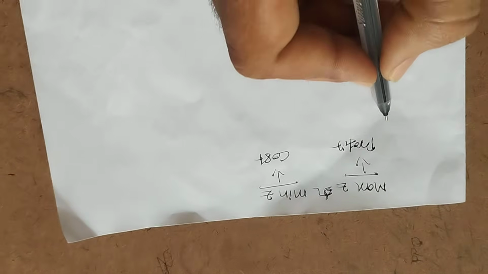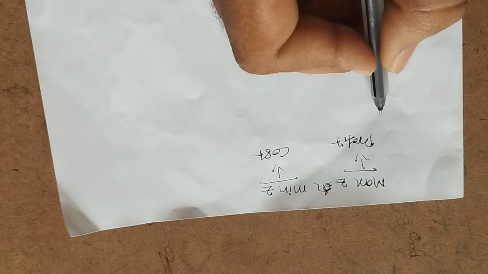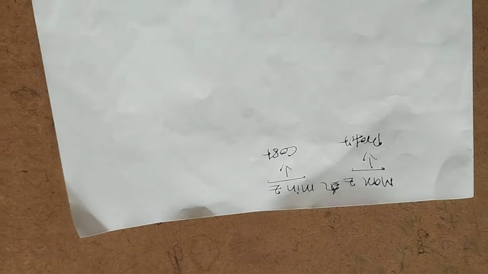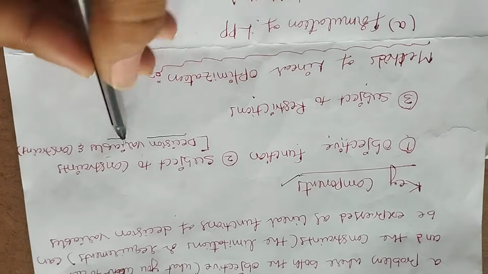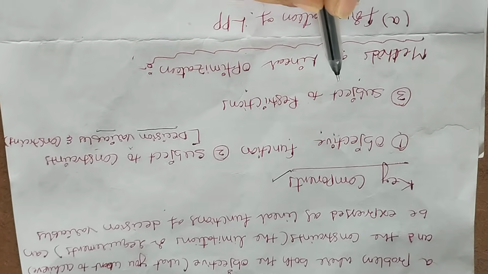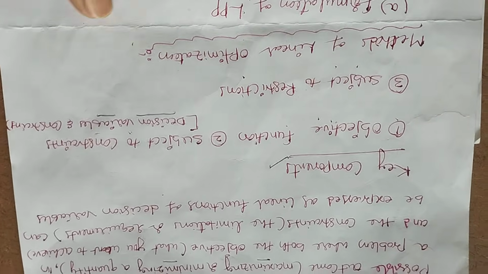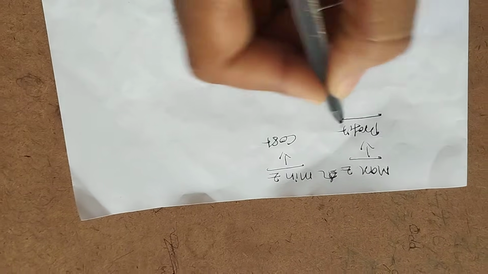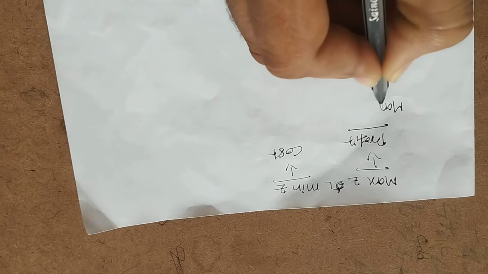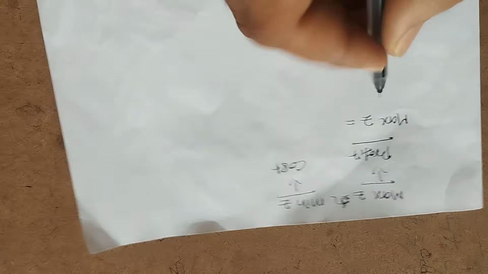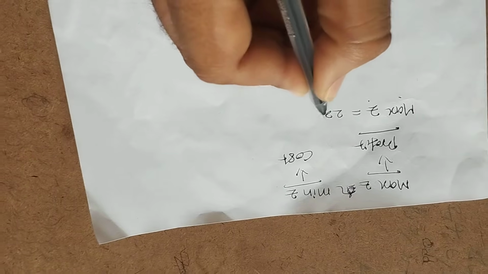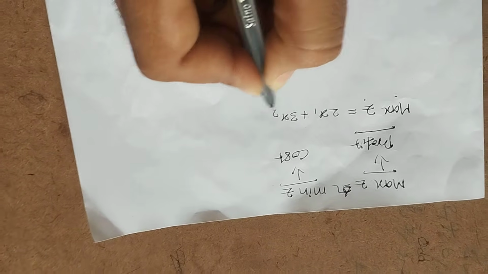Now I am explaining the structure of a linear programming problem. As I mentioned, there are three components: the objective function, subject to constraints, and subject to restrictions. First, the objective function. If I am considering profit, then the objective function is max z equal to, let us take, 2x1 plus 3x2.